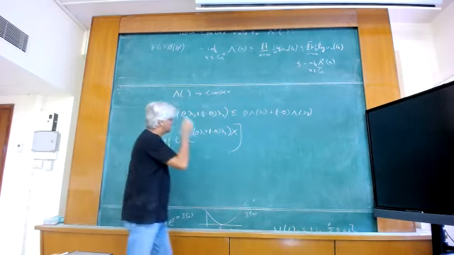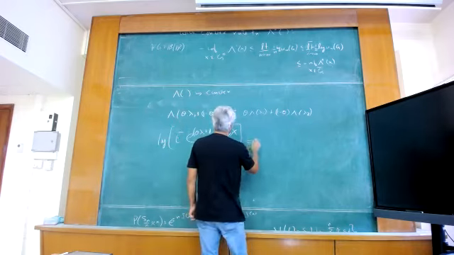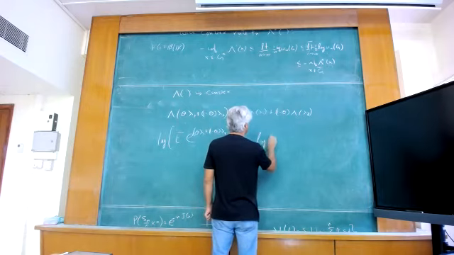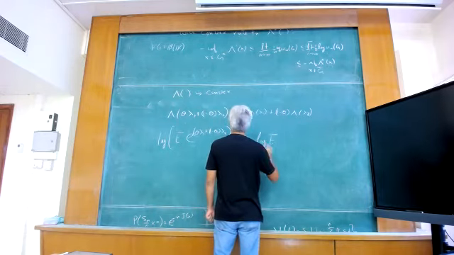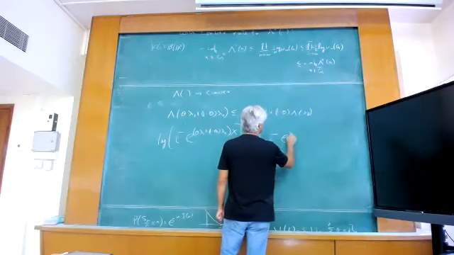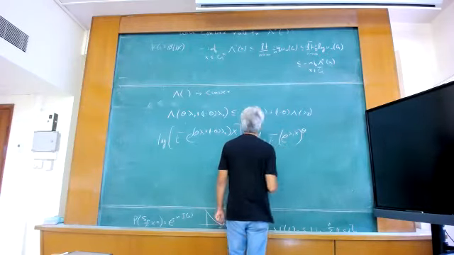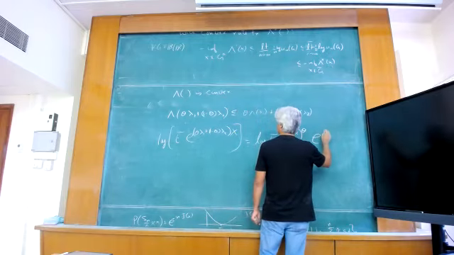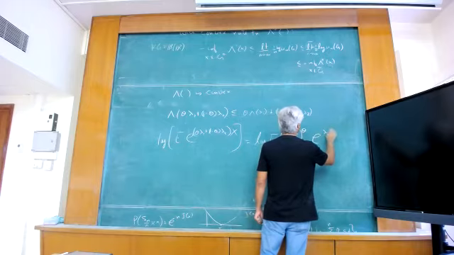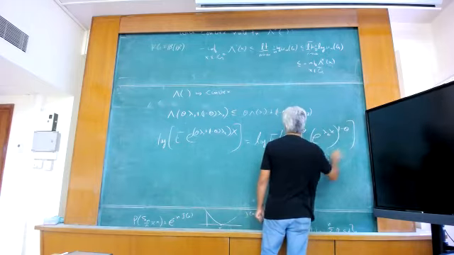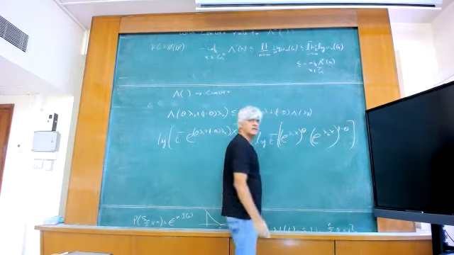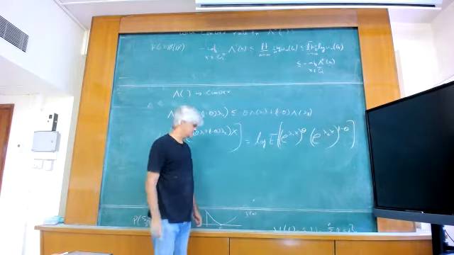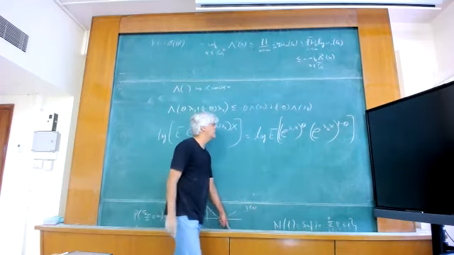This can be written as e to the power lambda 1 x to the power theta, times e to the power lambda 2 x to the power 1 minus theta.